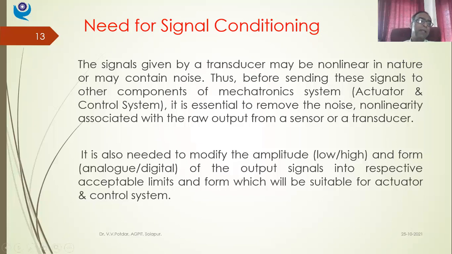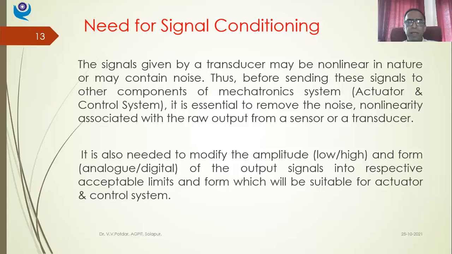They receive the signal in some form, maybe linear position, angular position, temperature, force, or pressure. Those physical signals will be received, and the transducer will convert these physical signals into some convenient form. Which form could it be? It could be electrical form, electronic form, hydraulic form, or pneumatic form.